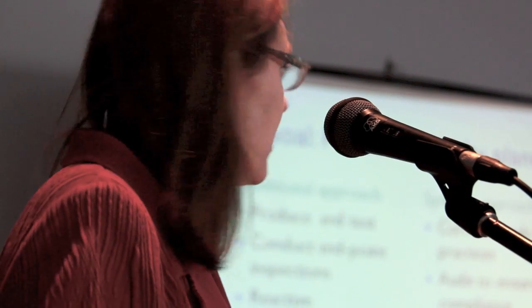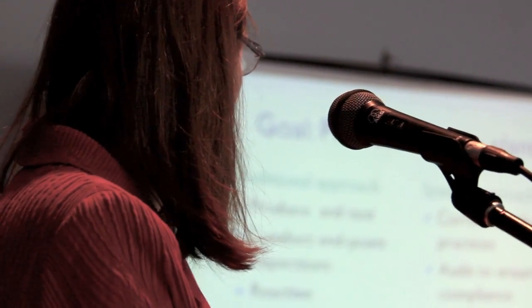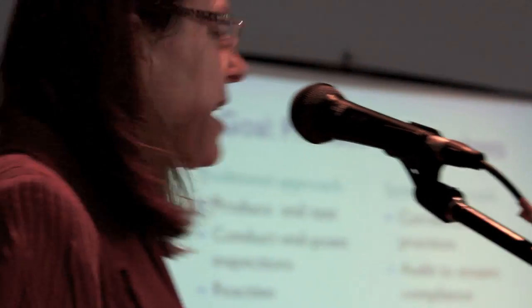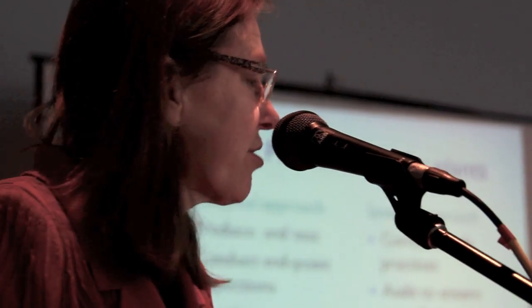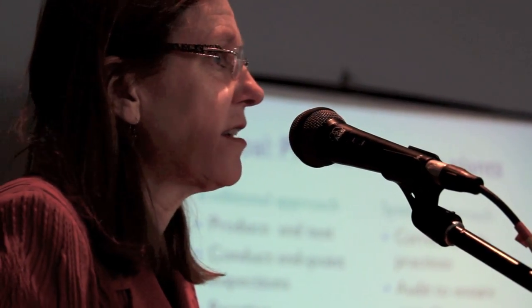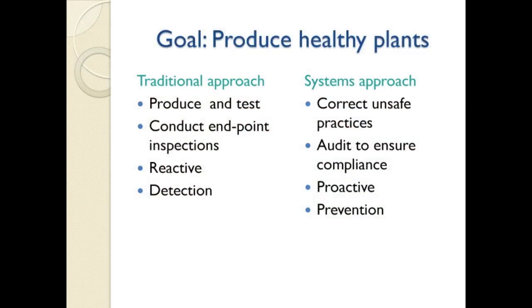So I mentioned the traditional approach. What would a systems approach do for us? Well, in a systems approach, instead of just producing and testing, the whole basis for a systems approach is correcting unsafe practices in the nursery. So you correct the process, not just deal with the problem at the end.